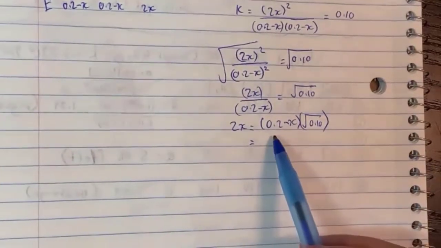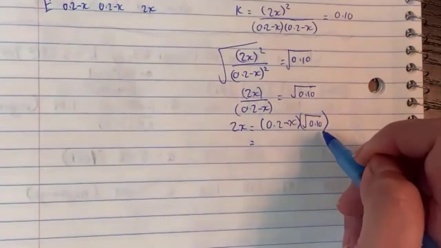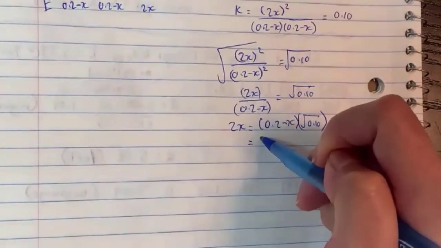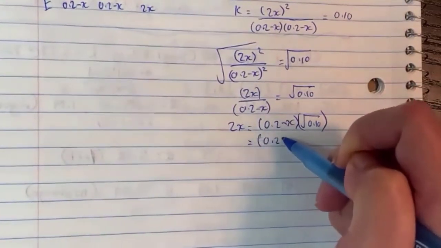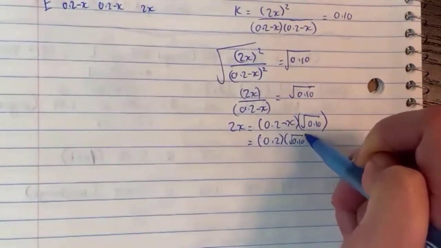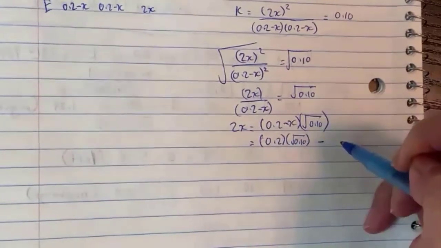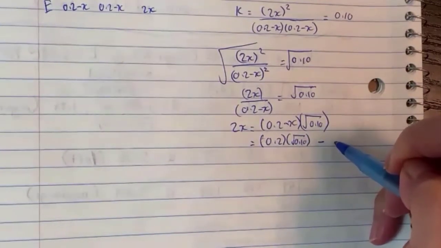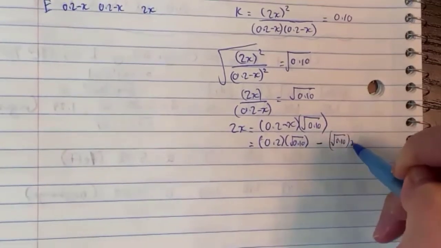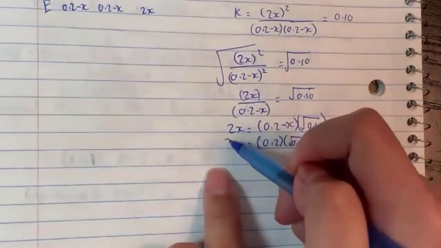So let's continue with this. 0.2 times the square root of 0.1. So the first term is 0.2 times the square root of 0.1. And then you want to minus the square root of 0.1 x. Okay, and that equals 2x.